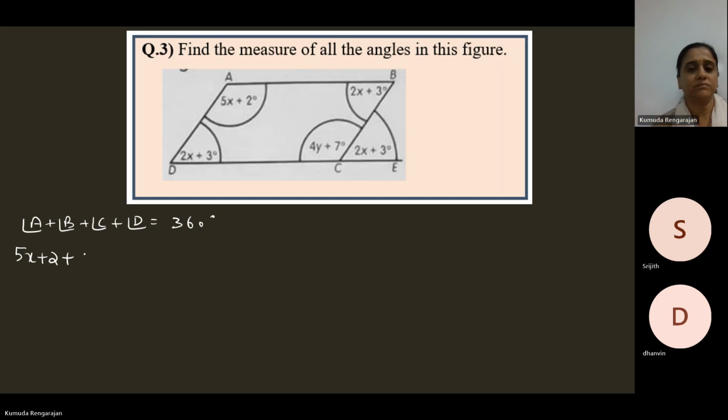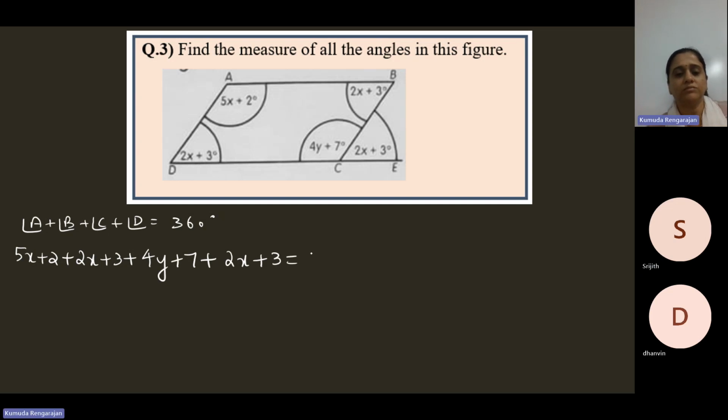Angle B, 2x plus 3 degrees. Angle C, 4y plus 7 degrees. And angle D, 2x plus 3 degrees. Is equal to? 360, ma'am.